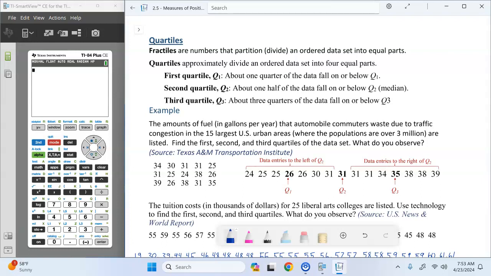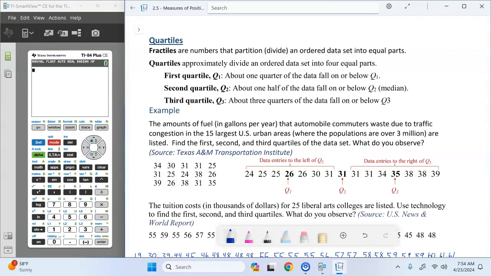Below. That's the maximum. We're below. So most of the cities waste 35 or less. Okay, that's what the quartiles tell us. That amount or less. It's that upper limit. So 25% of cities waste 26 gallons or less. Half of cities waste 31 gallons or less. 75% of cities waste 35 gallons or less.